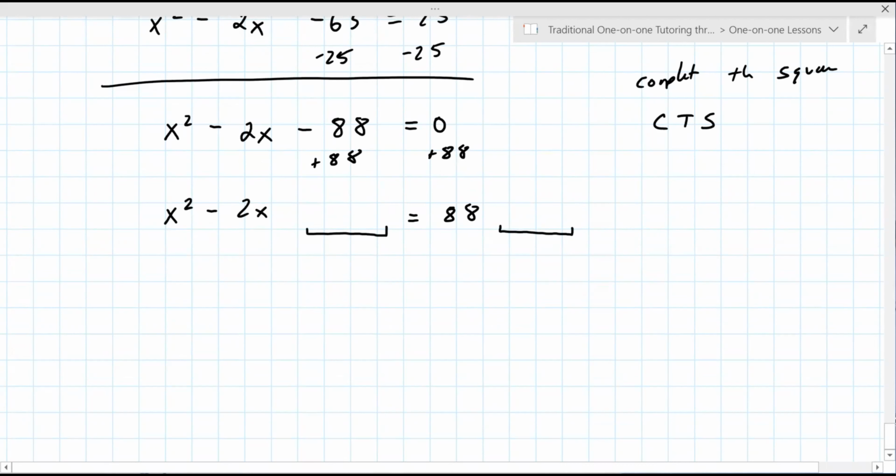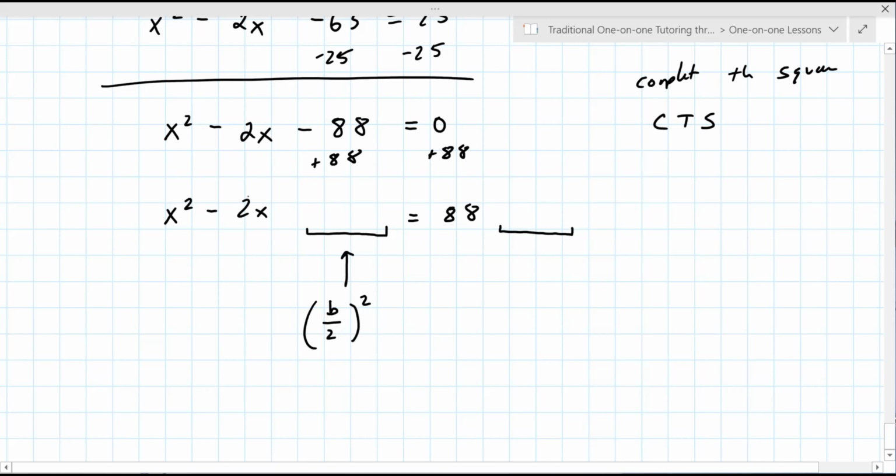On the left here, there's a number that we can put here to make x squared minus 2x, and then whatever goes here, a perfect square trinomial. The number that goes here is (b divided by 2) squared. I don't know if you like formulas or not, but that is literally what goes there.